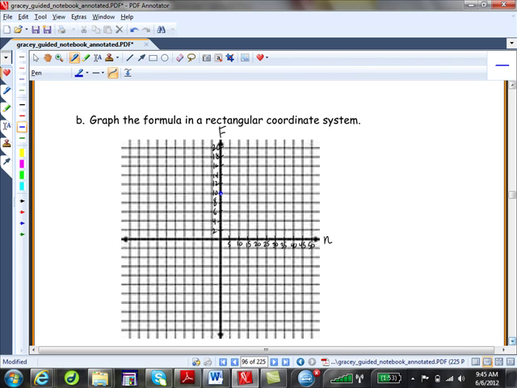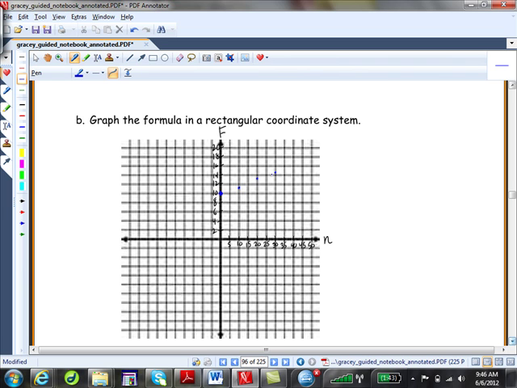And then 10, 11.5. So 10 and then 11.5. So 11 would be right in the middle, so 11.5 will be at the three-quarter mark of that tick mark. And then we have 20 and then 13. That'll be here. And then we have 30, 14.5, so that'll be about a quarter of the way up on this one.